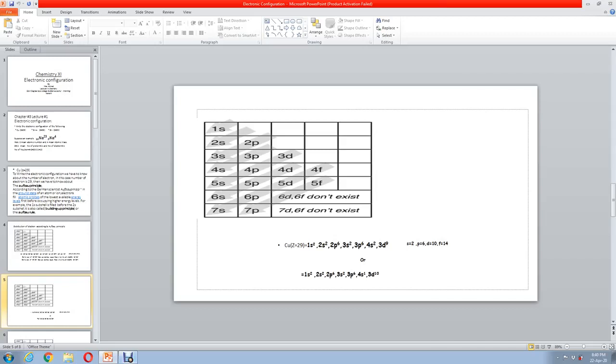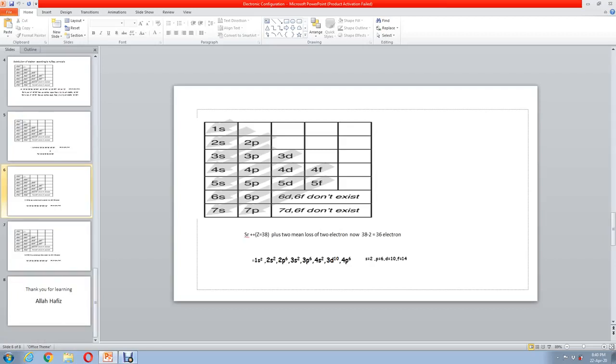In this case we clearly check that the last orbitals 4s2 and 3d9 can be replaced with 4s1 and 3d10.